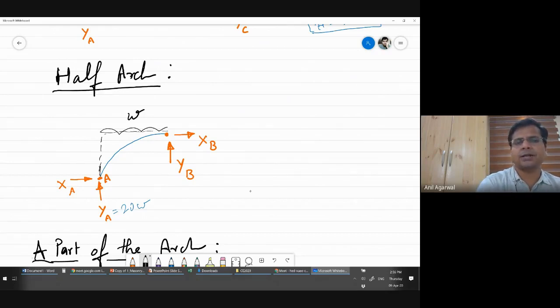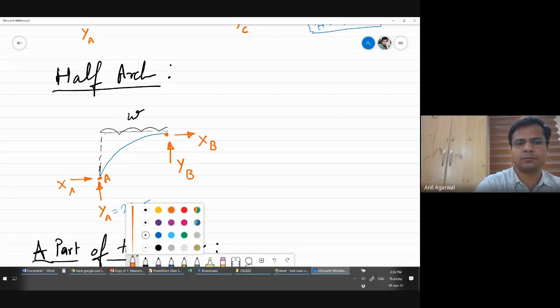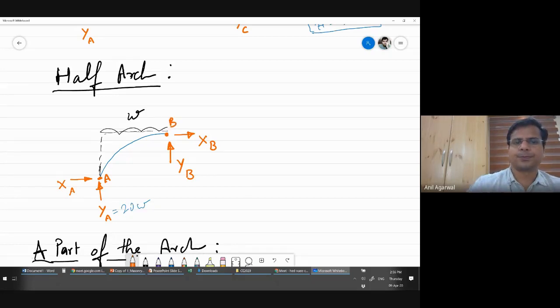Because at each end, here there is a hinge and here there is a hinge. So no moment is possible, that we know for sure. There is no external moment possible at A, and there is no external moment possible at B either. So these are the only 4 forces possible: XA, YA, XB, YB.